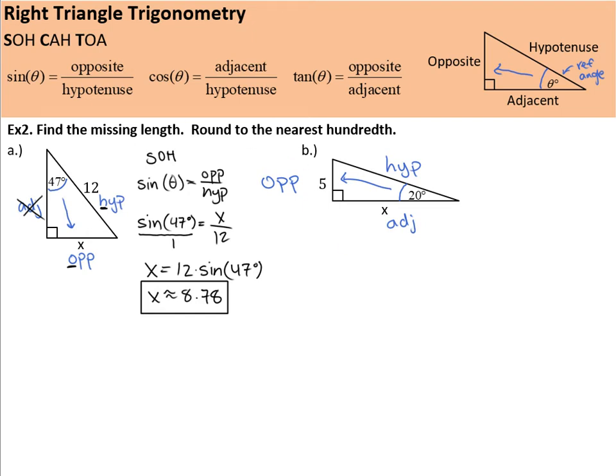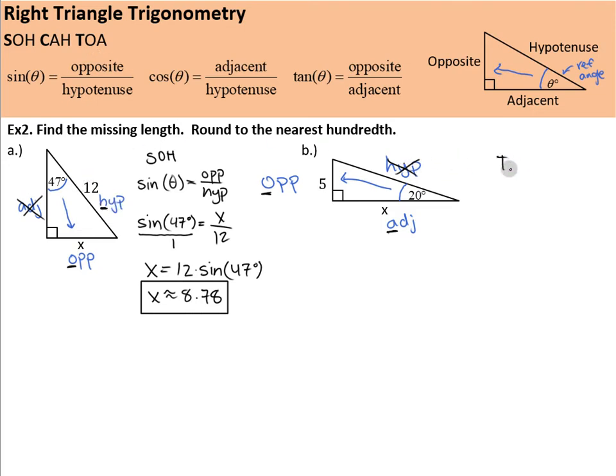So this time, the one that doesn't really help us very much is the hypotenuse. I'm thinking the 2 I'm interested in are the opposite, which I know, and the adjacent, which I'm solving for. So A and O, or O and A. SOH CAH TOA: which one uses A and O, or O and A? TOA, which means tangent.